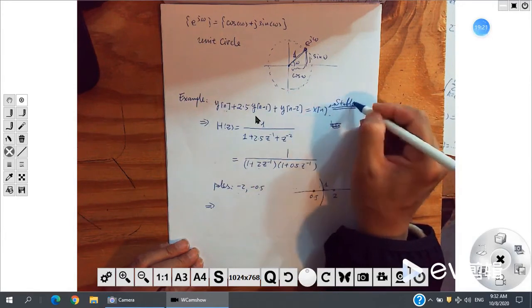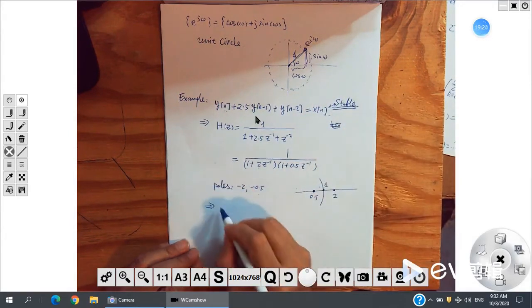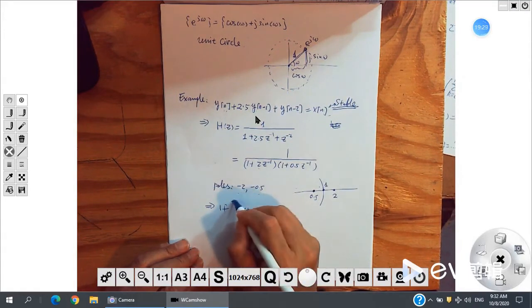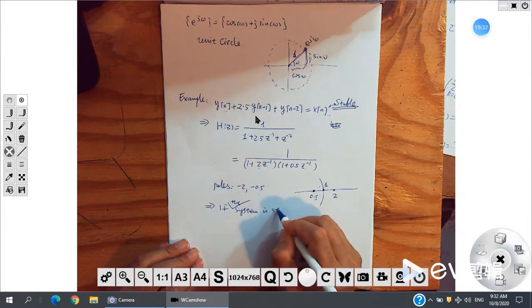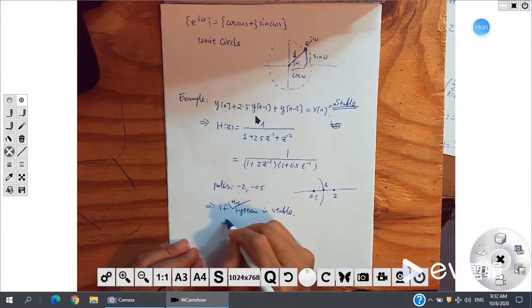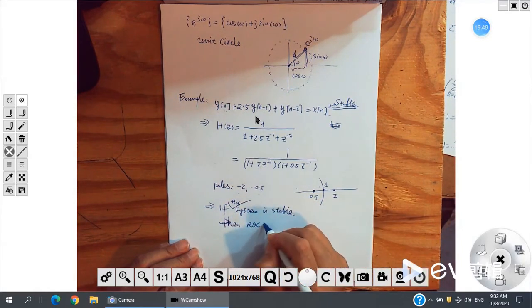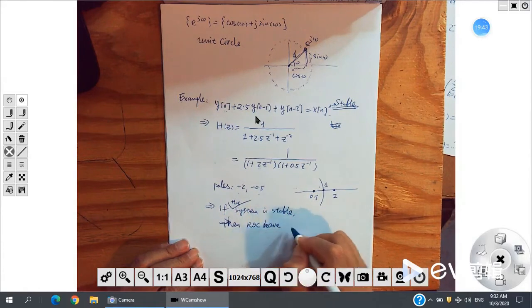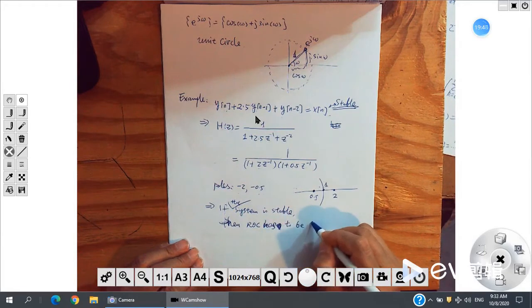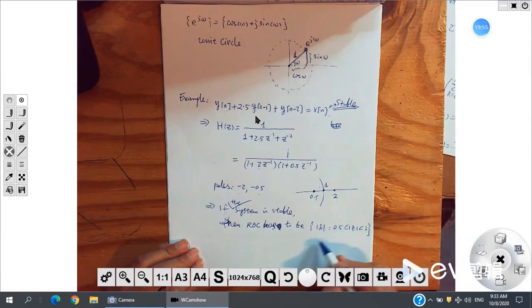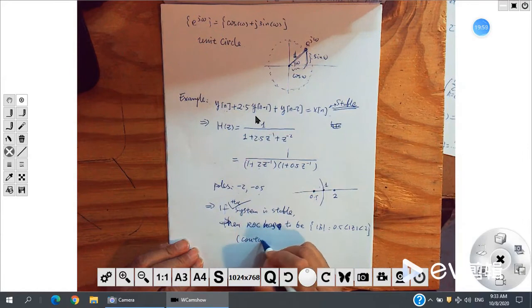If the system is stable, then the ROC has to be 0.5 smaller than the absolute value of z smaller than 2, which contains the unit circle.